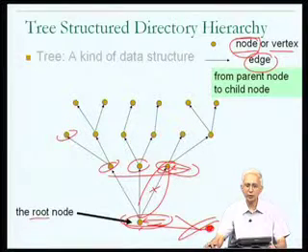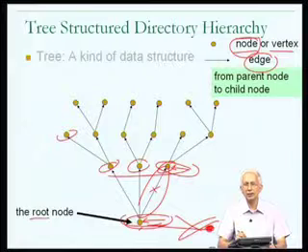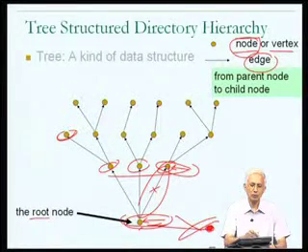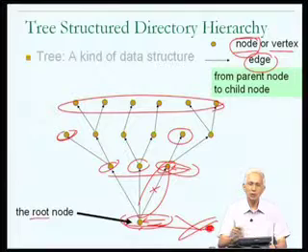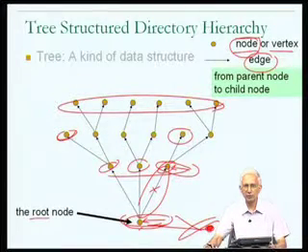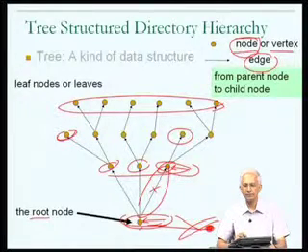In terms of further terminology, as I said, there are some of the nodes in the tree which do not have any children, such as this node, or in fact all of these nodes. None of them has a child, and this is another node which does not have a child. So all of those nodes, what they have in common is that they do not have any children, and we would refer to such nodes as the leaf nodes or the leaves of the tree.